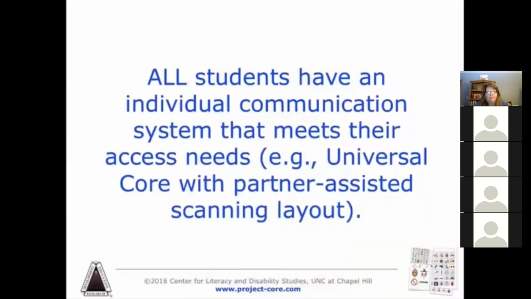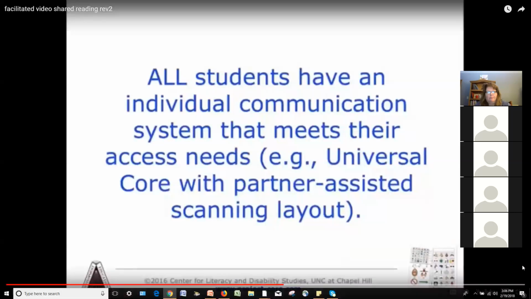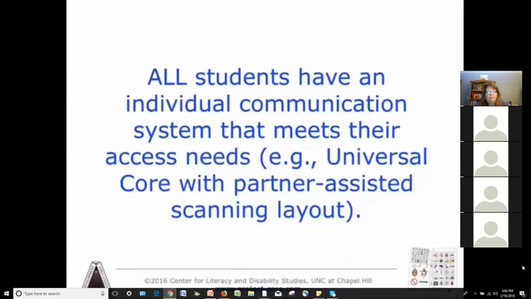This communication must be available to the greatest extent possible all day, every day. Since shared reading is all about the communicative interaction between the adult and the students, the communication system is required during shared reading. While adults should encourage and attribute meaning to all communication efforts, the Universal Core provides a means of modeling ways that students could use symbols to communicate more effectively.